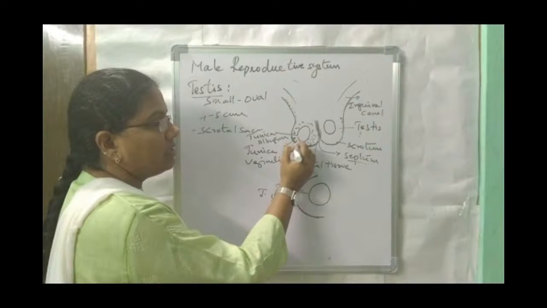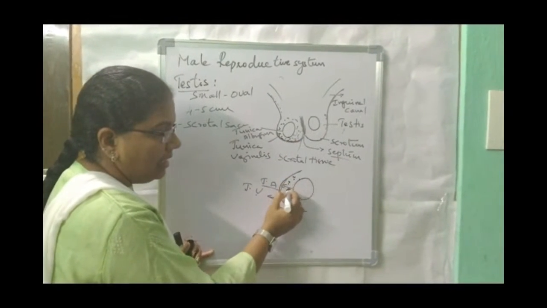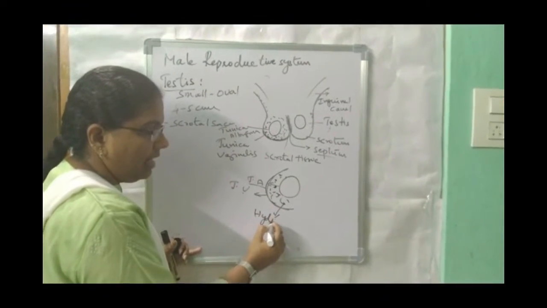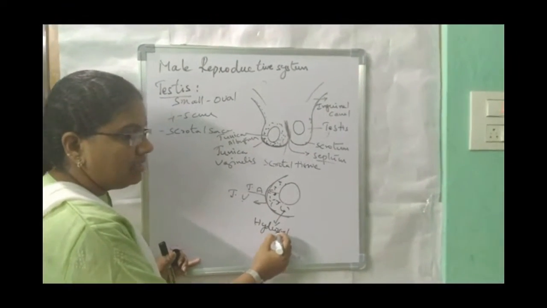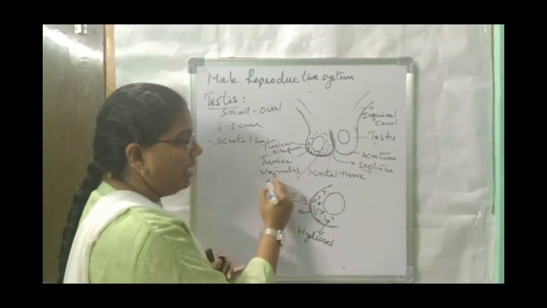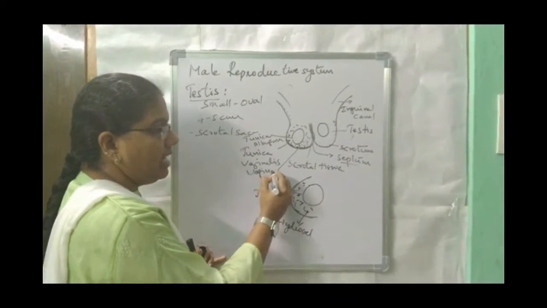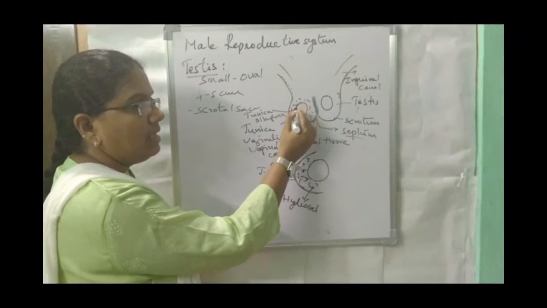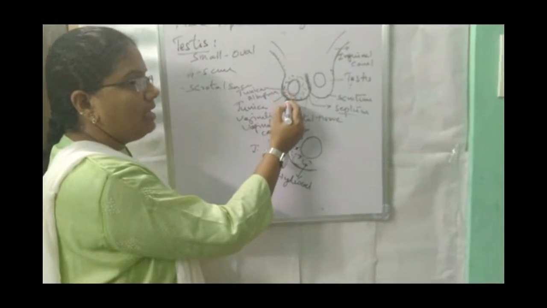The liquid is called hydrocele. What is that? Hydrocele. The space is called the vaginal coelom. The testis is located in the scrotal area.